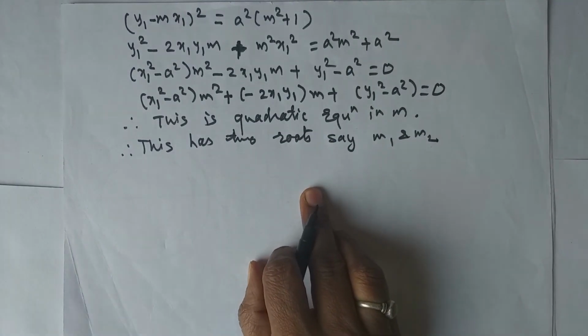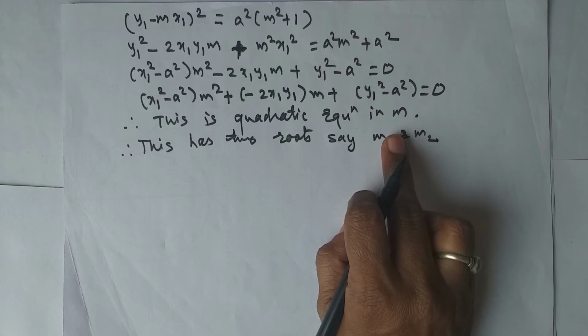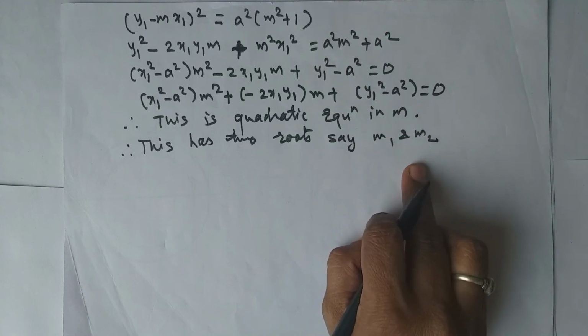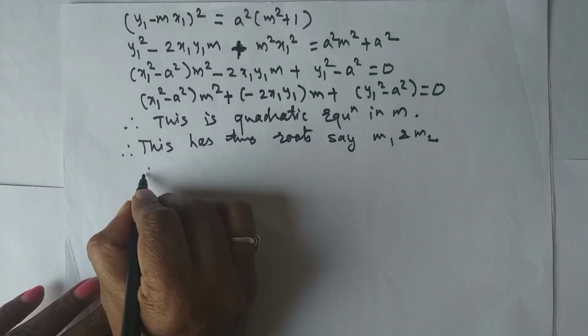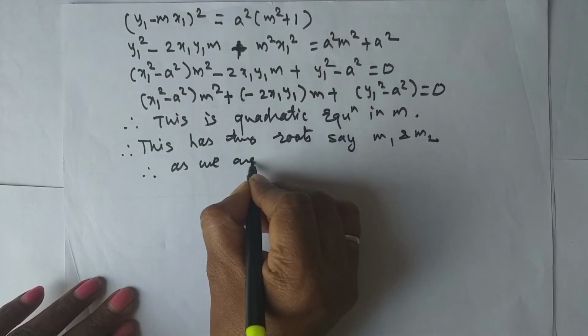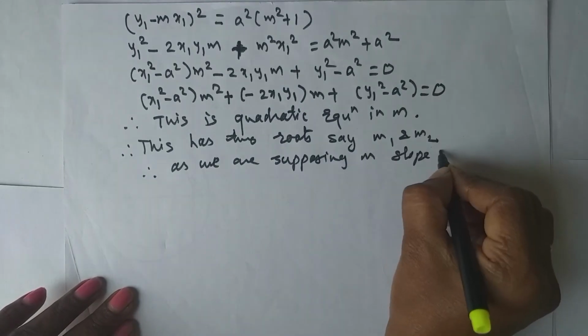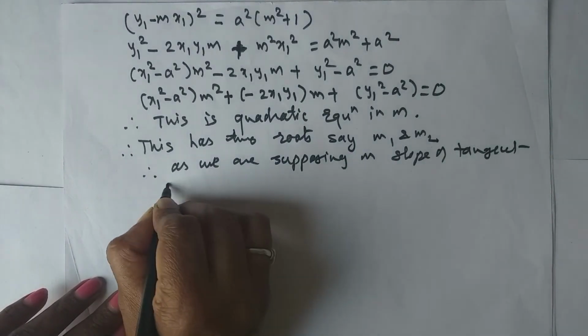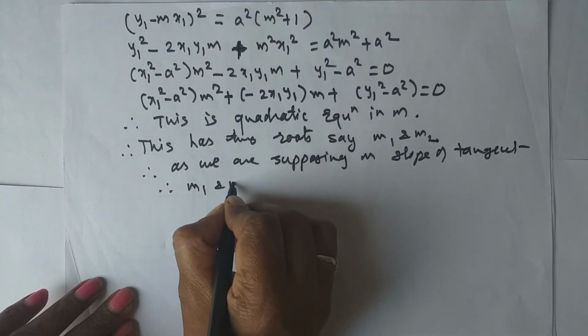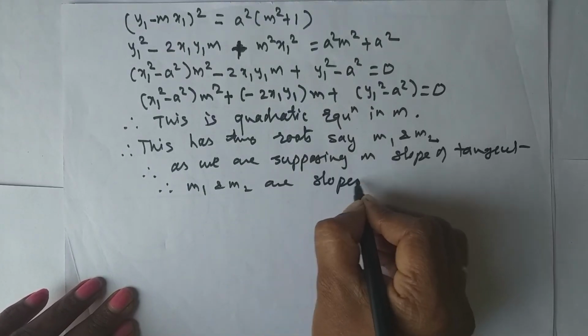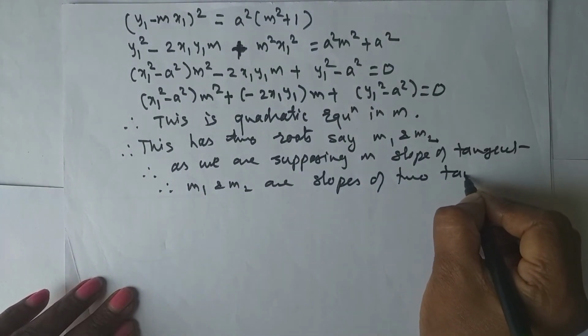And here we are supposing m as the slope of the tangent. Therefore this m1 and m2 are nothing but slopes of two tangents. Therefore write down, as we are supposing m is the slope of the tangent, therefore m1 and m2 are slopes of two tangents.